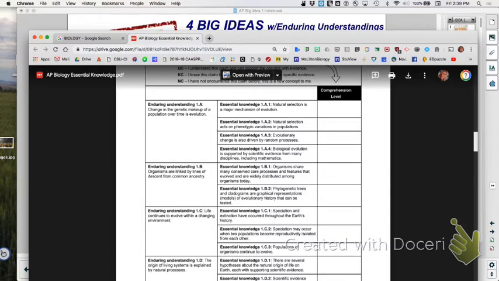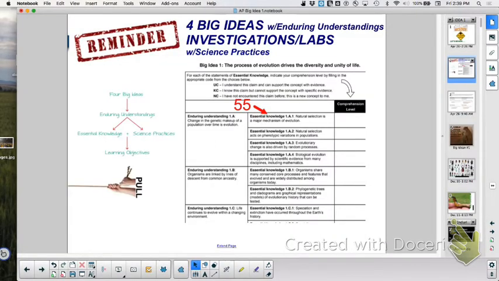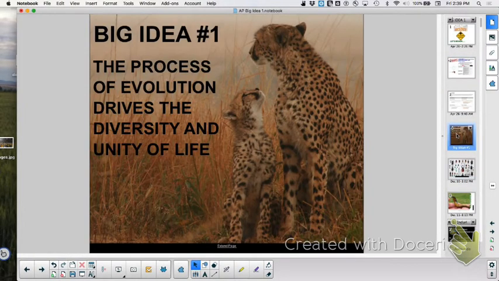Okay, do you see where we're going and what we're doing and why we're doing it? You okay with that? All right, so now let's do the first big idea, number 1. The process of evolution drives the diversity and unity of life. So that is our first big idea. It's all about evolution. It drives the diversity and the unity of life.